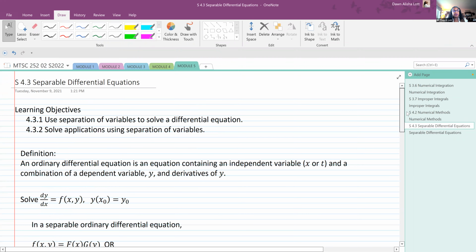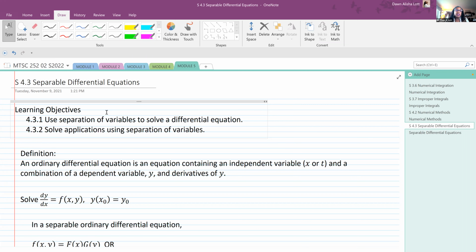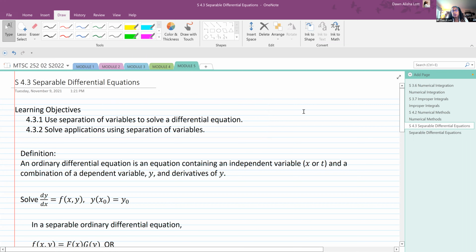And our section for today is separable differential equations. Our objectives: we're going to use the technique of separation of variables to solve differential equations, and we're going to solve some applications using the separation of variables technique. So I grabbed the definition from Tuesday.